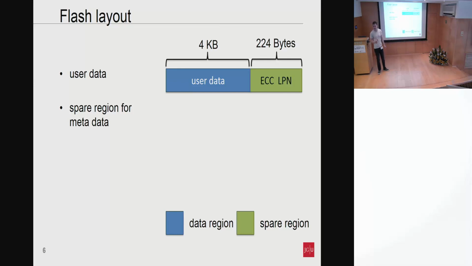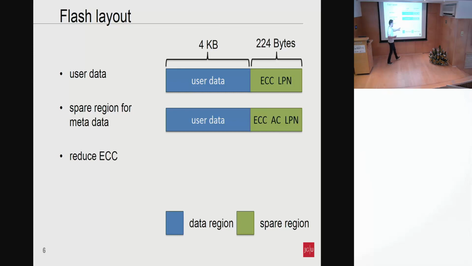And I'm going to argue that the spare region is actually the perfect place to also store additional information for the classification process. To do that, for instance, we can shrink the error correction code a little bit and therefore fit it into the spare region we already have in our device.